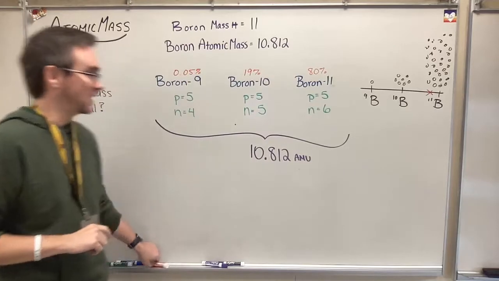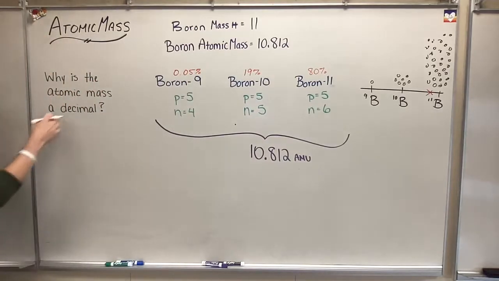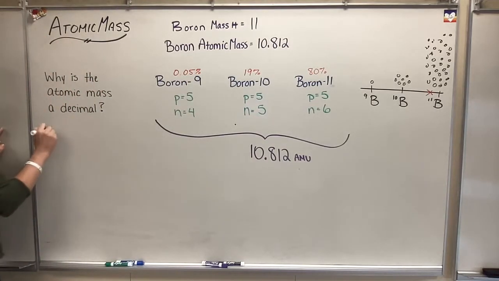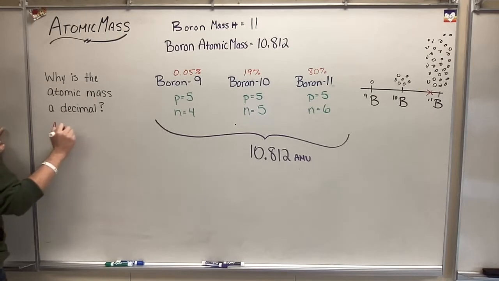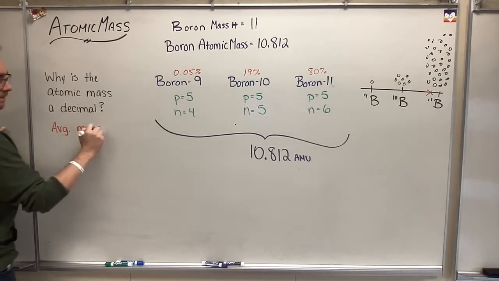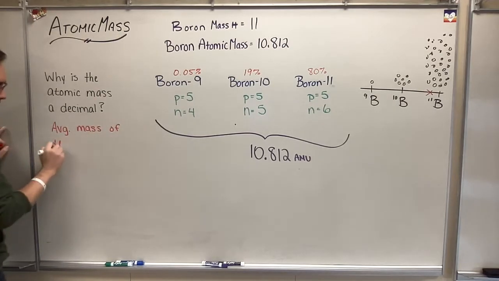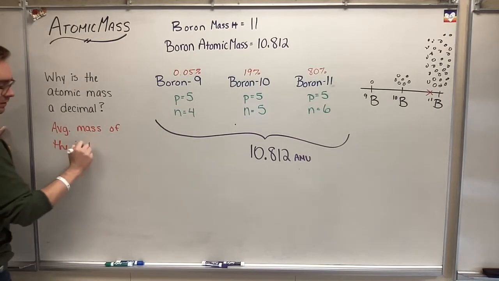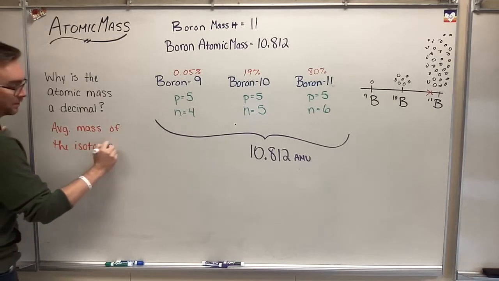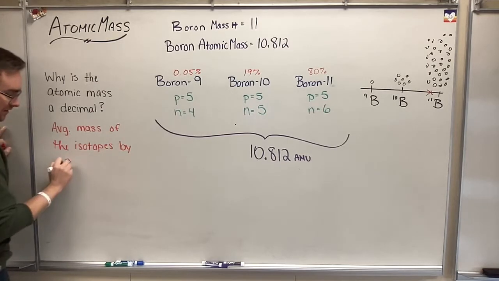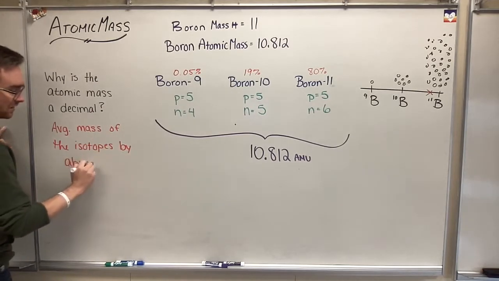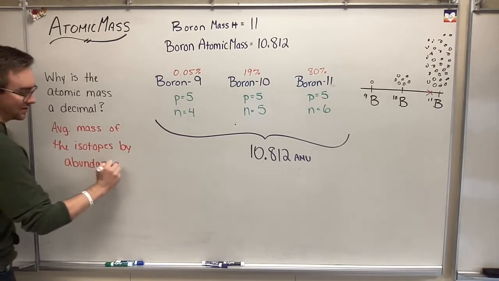So to summarize it, why is the atomic mass a decimal? It's because it is the average mass of the isotopes by abundance. Abundance means how much of it there is.